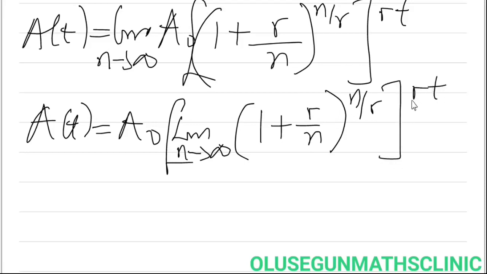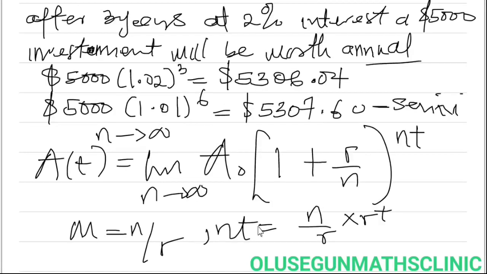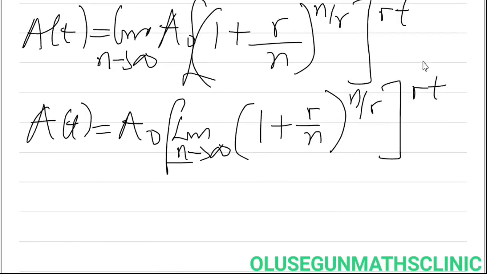What I need from here is to recall that I said earlier that m is equal to n over R, meaning that R over n will be 1 over m.